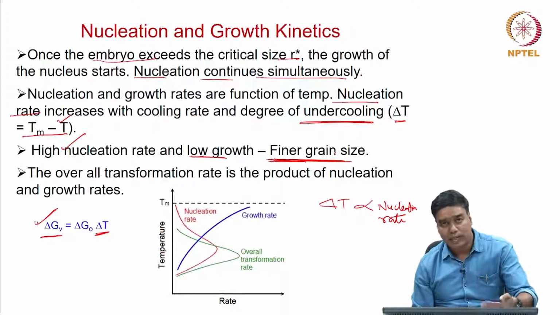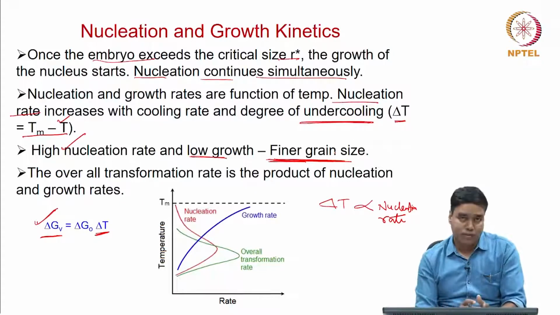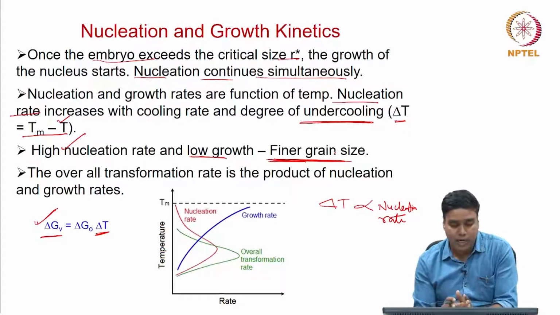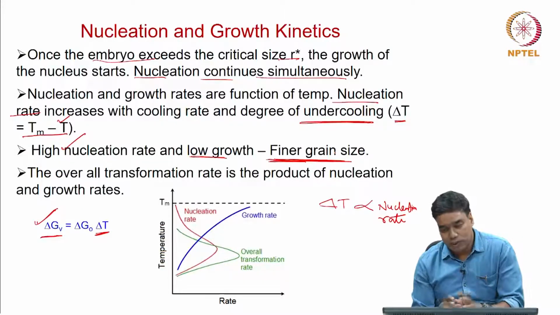And on the other hand, as I said, there will be more number of nucleus also. So, these two factors, that means the formation of more number of nuclei in a given period of time and less growth, will ensure that the microstructure does not grow.